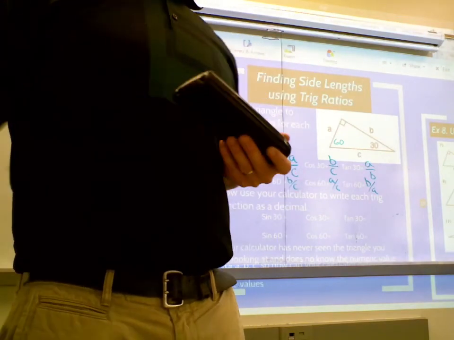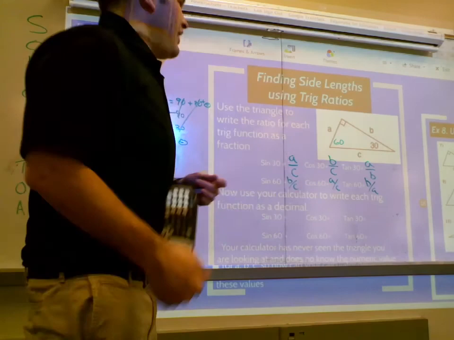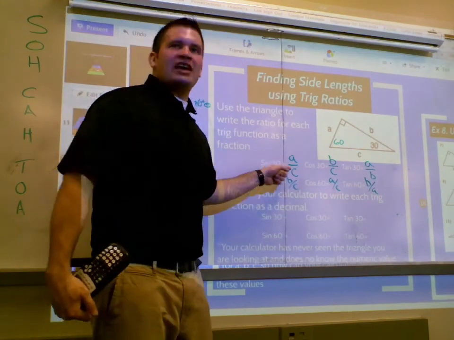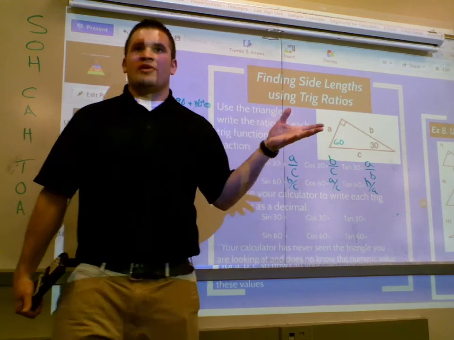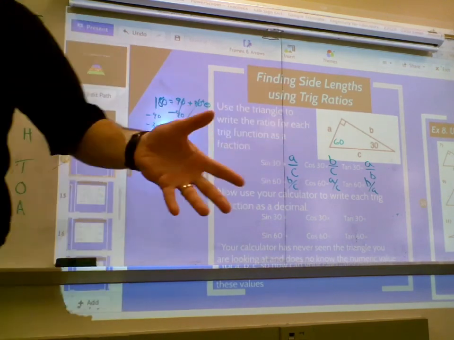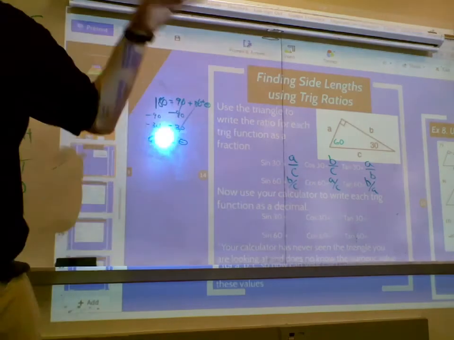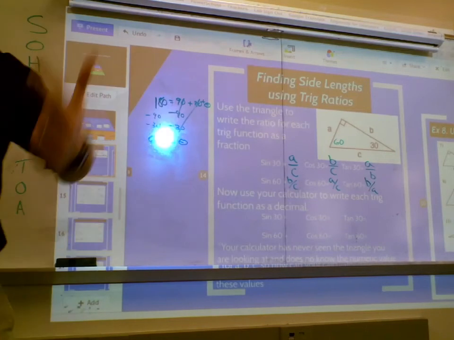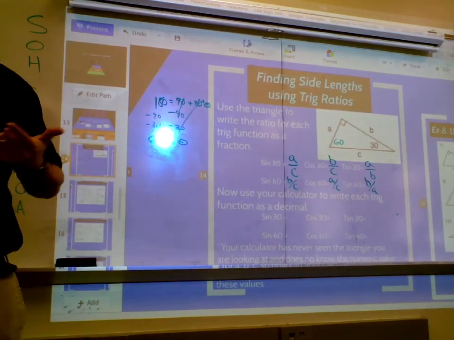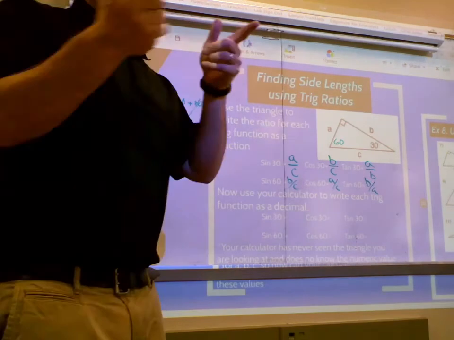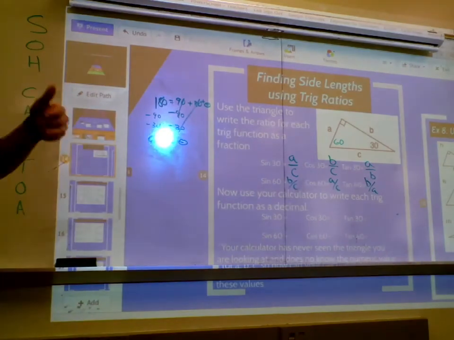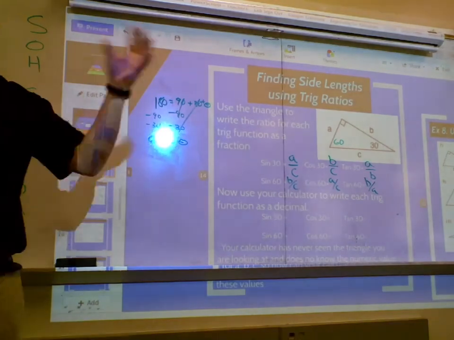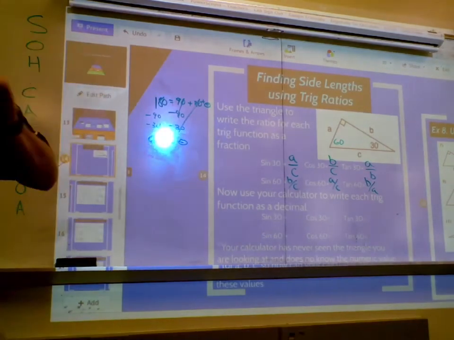Because remember what we learned on Friday: if the ratio is the same, what do we know about the angle? It's the same. If I have two ratios that reduce to the same thing, so let's say I have 4 over 8 and I have 6 over 12, they're both 0.5, right? So that means those two come from the same angle, whether it's opposite over adjacent, opposite over hypotenuse, or adjacent over hypotenuse, for the same angle measure.